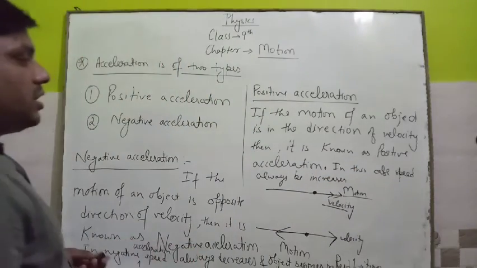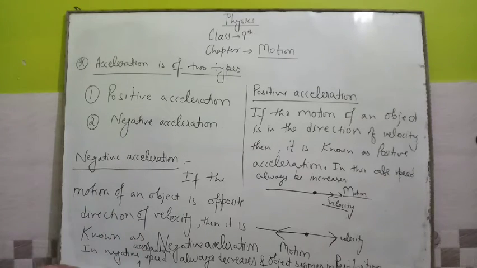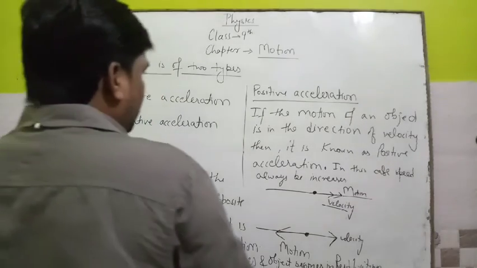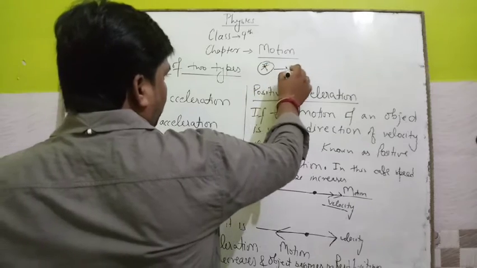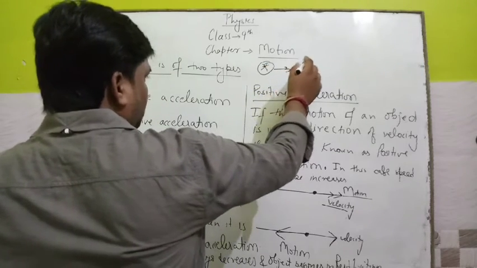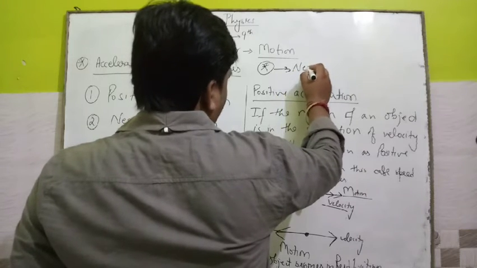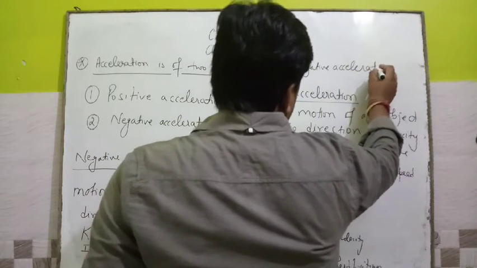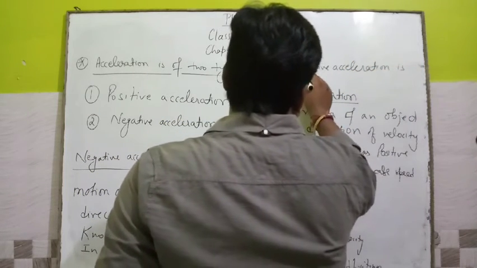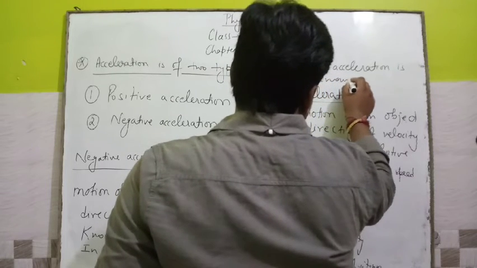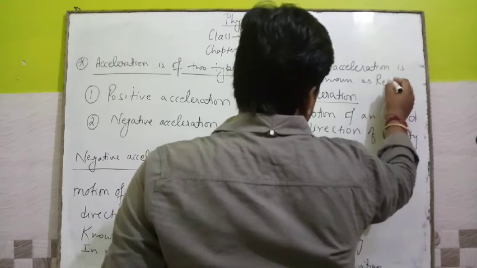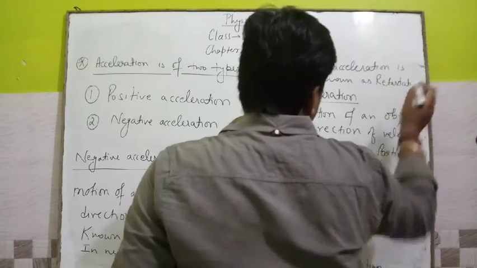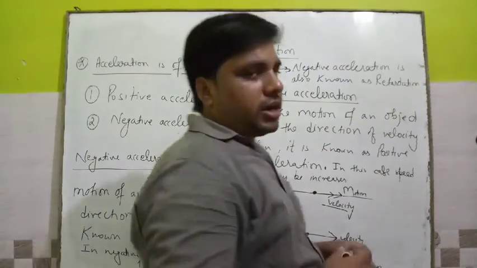And in the other case, speed always decreases, and this is known as retardation. Make a star and write: negative acceleration is also known as retardation. Clear?